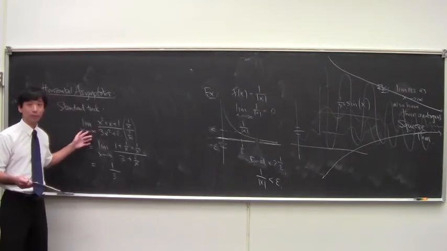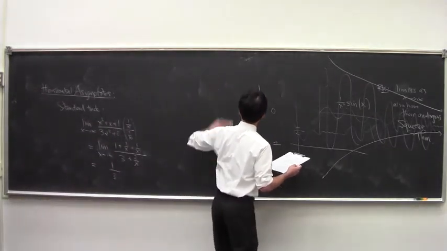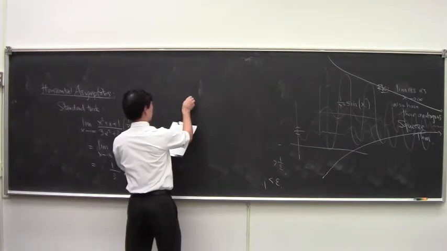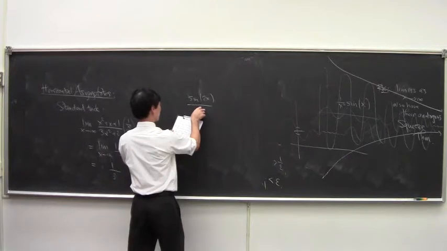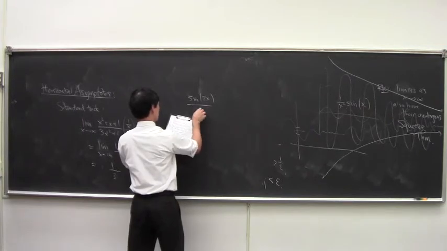I think probably you've all seen this sort of trick before. Now, if we have something like this, sine of 2x over, say, let's just say x squared.